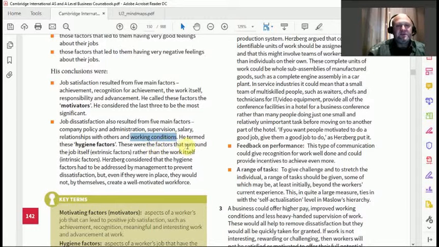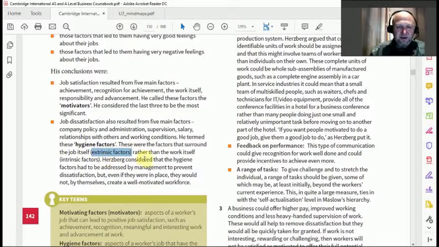Okay, so these factors were quite important, and they were factors that surround the job itself, the intrinsic and extrinsic factors. So the intrinsic factors was the job itself, and the extrinsic factors were the factors surrounding the job.